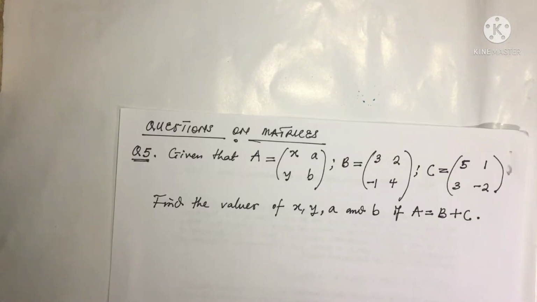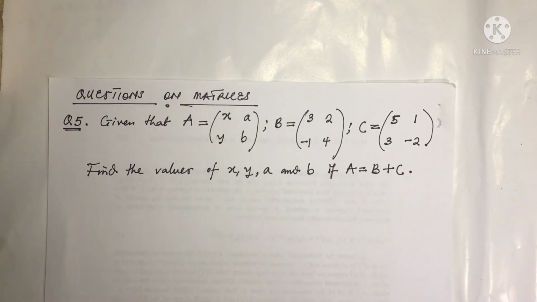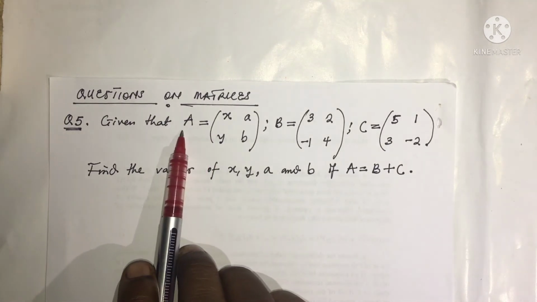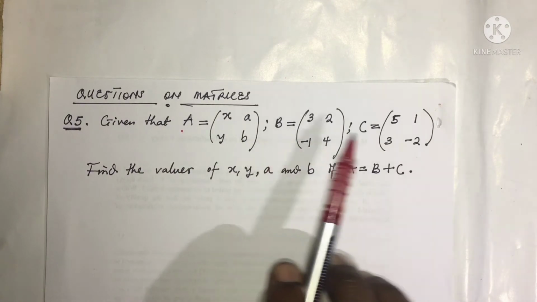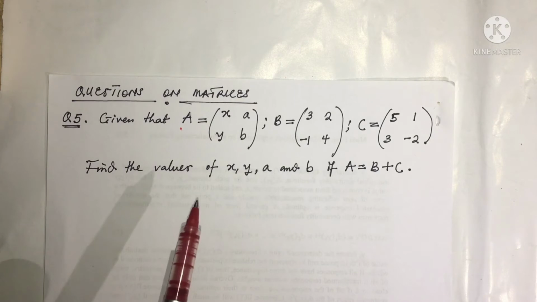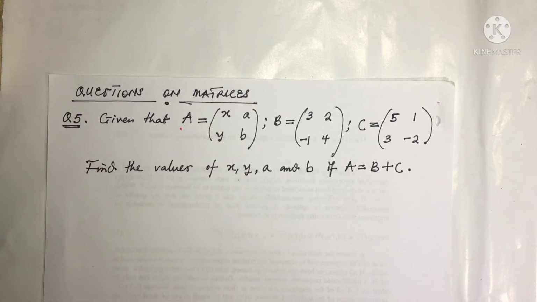Now for problem number 5, let's see what's going on here. Now we are given 3 matrices: matrix A, matrix B, and matrix C. Now you would notice one thing about these 3 matrices, that the 3 of them are of order 2 by 2.